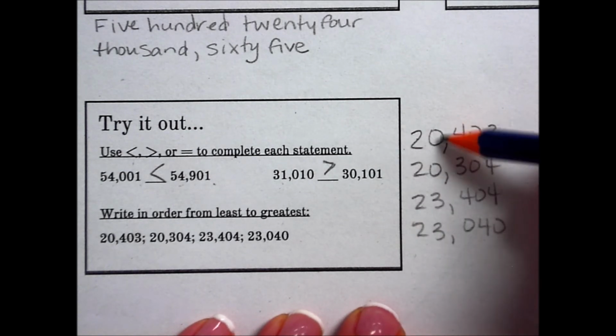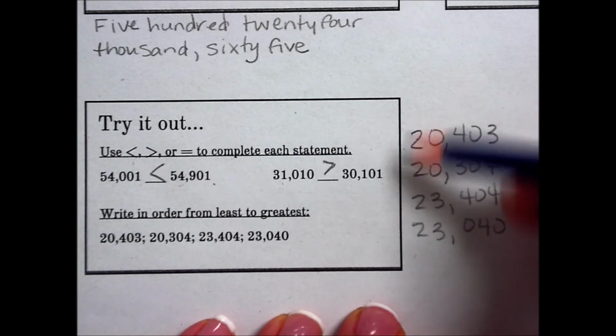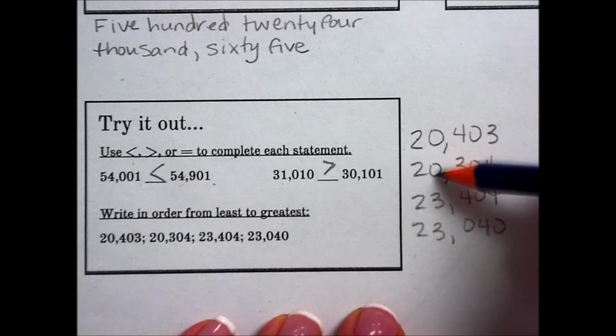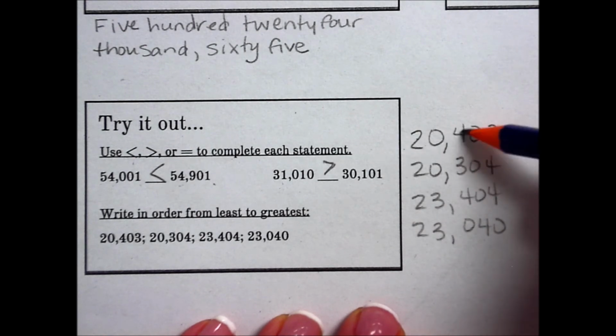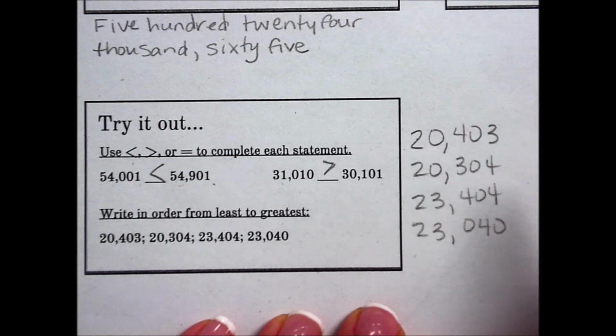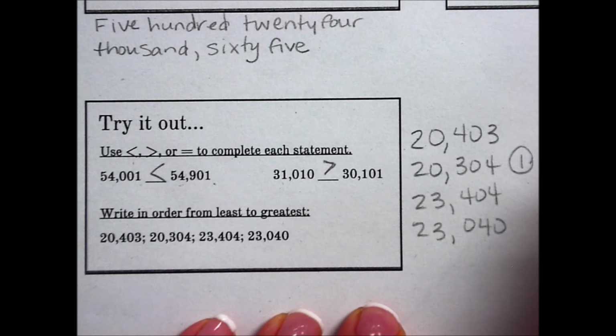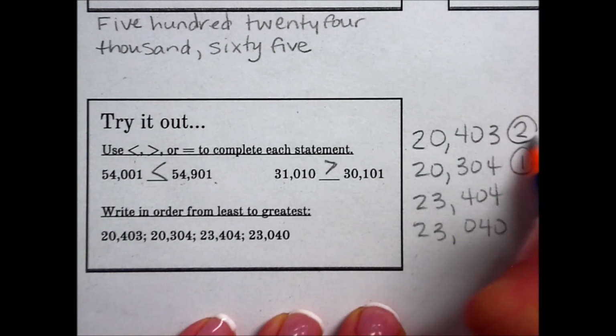So now I'll move to the next column. I have 2 zeros and 2 3's. So these are my smaller numbers. Since these zeros are the same, I'll look in the hundreds place. 3 is smaller than 4, so this is my smallest number, and this one will be second.